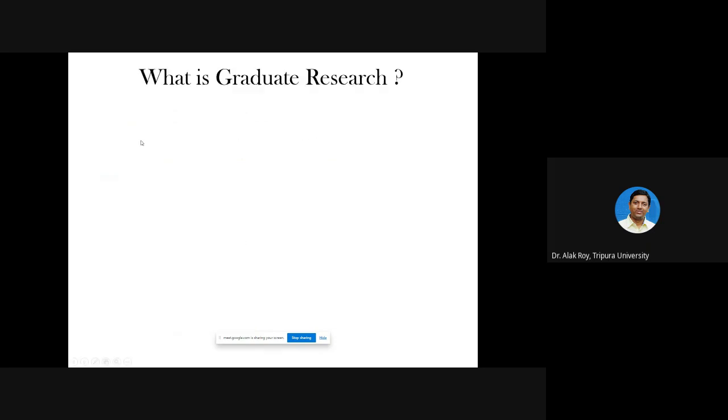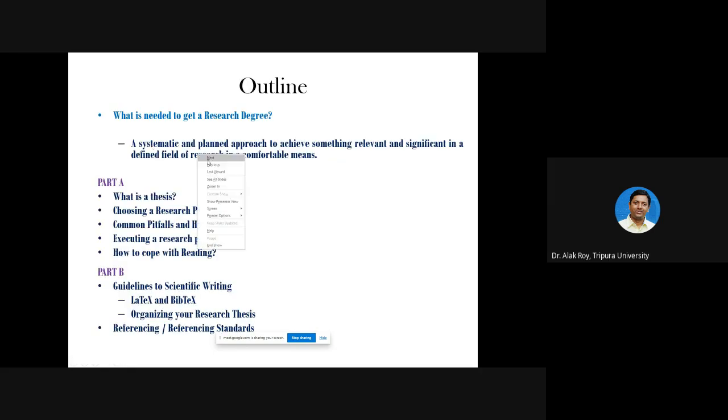See, it is saying systematic and planned approach. Okay, so whatever research work you will do, it should be systematic, it should be planned.